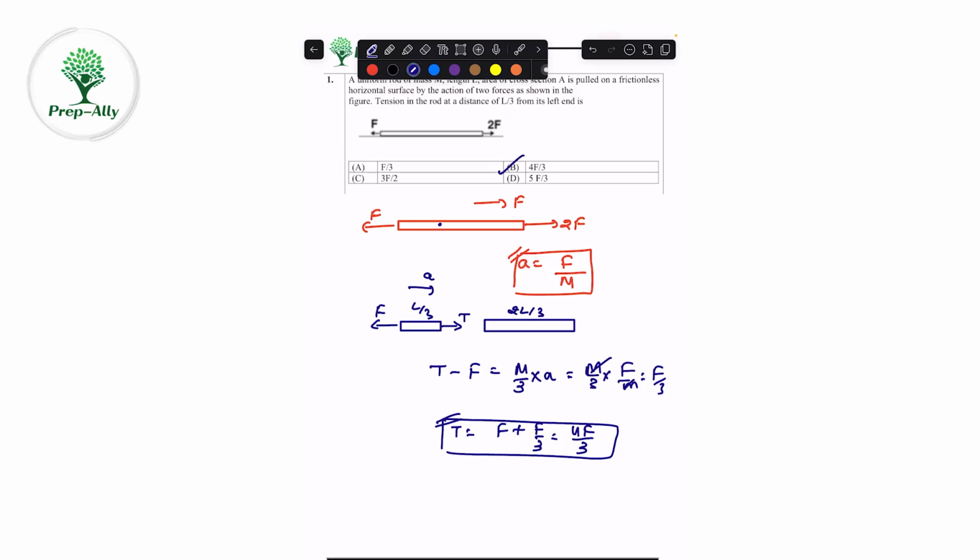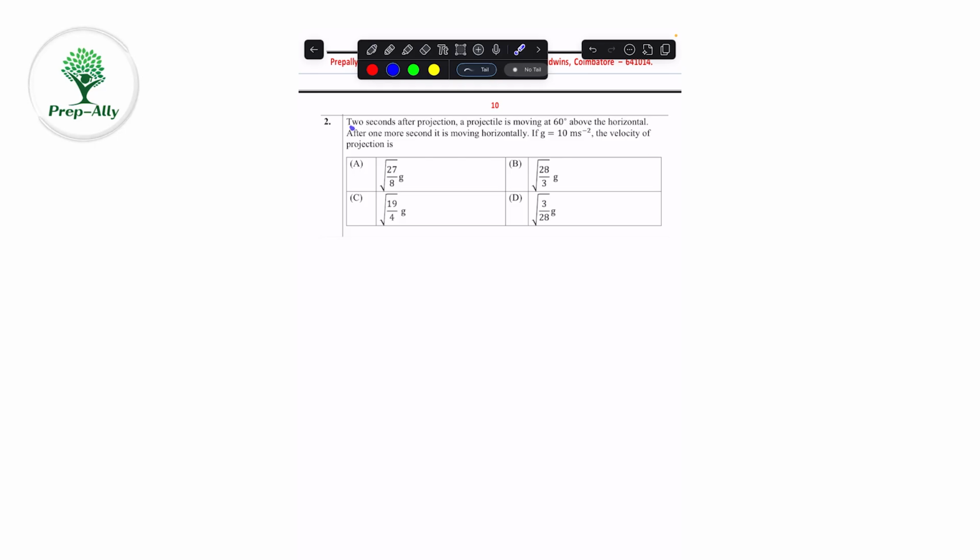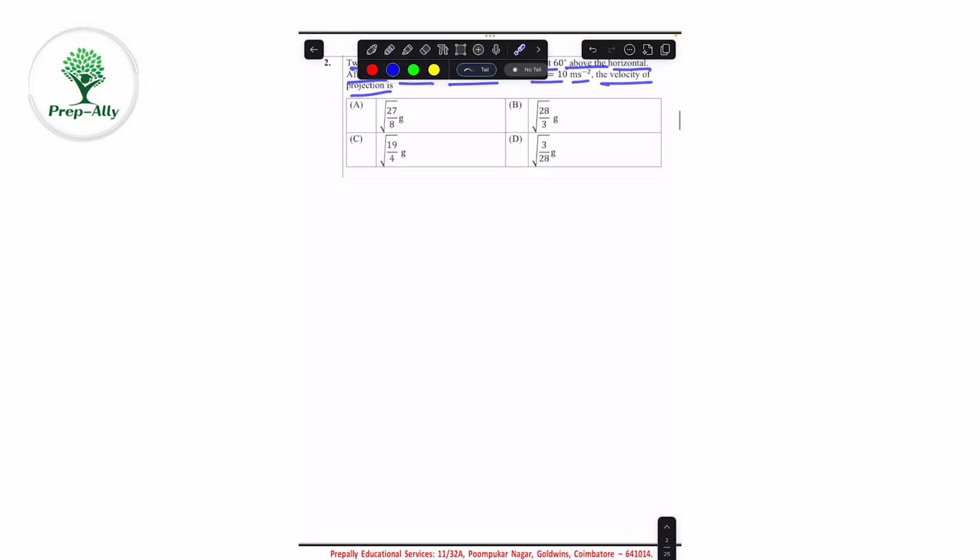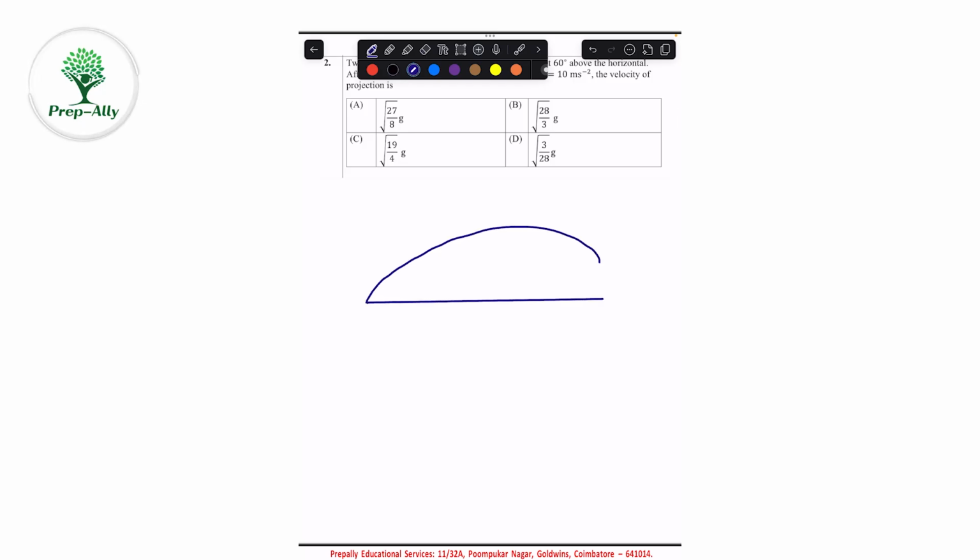And this is how you can solve these types of questions. The second question is saying, 2 seconds after projection, a projectile is moving at an angle 60 degree from horizontal. After 1 more second it is moving horizontally. If g is equal to 10, the velocity of projection is. So let us say that the particle was projected like this.